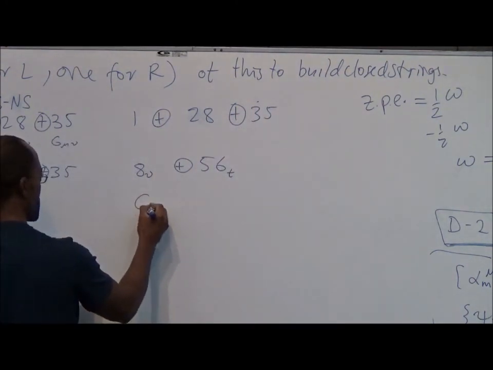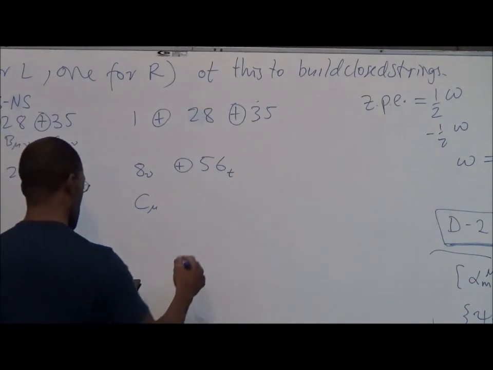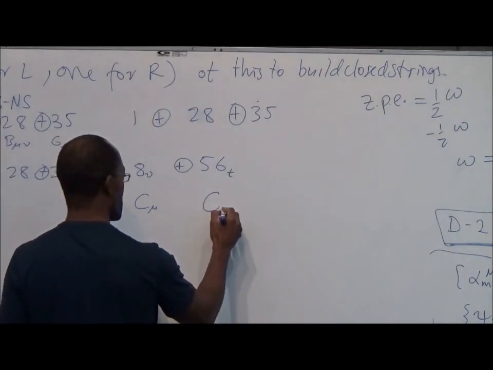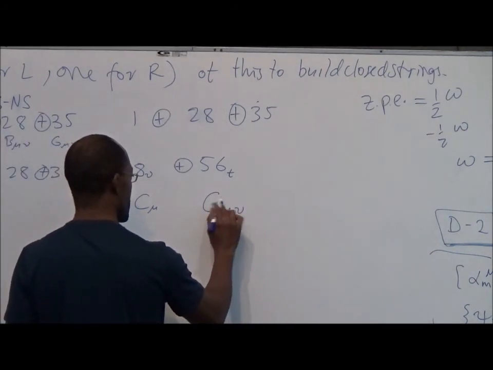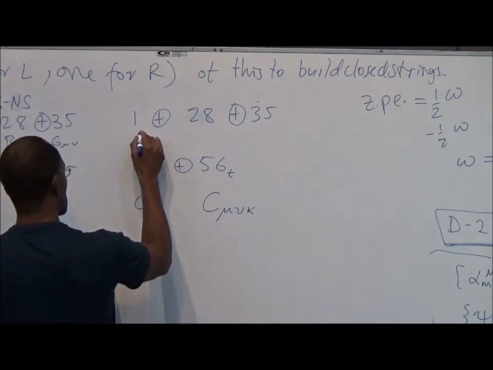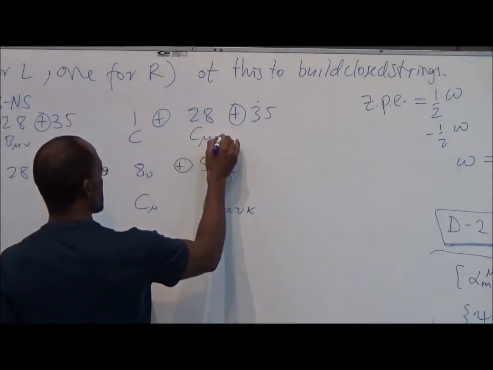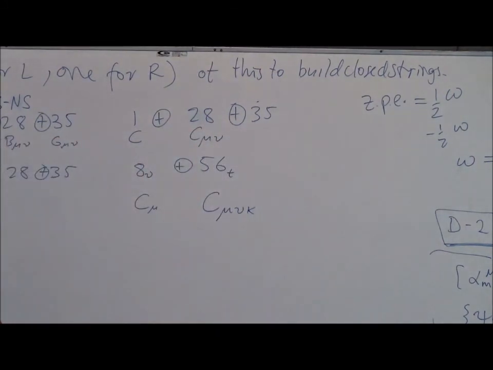I'm going to call them C. This is a vector, so it has an index mu. This is a 3-index creature, if you count it up. This is a scalar. This is an antisymmetric tensor again.